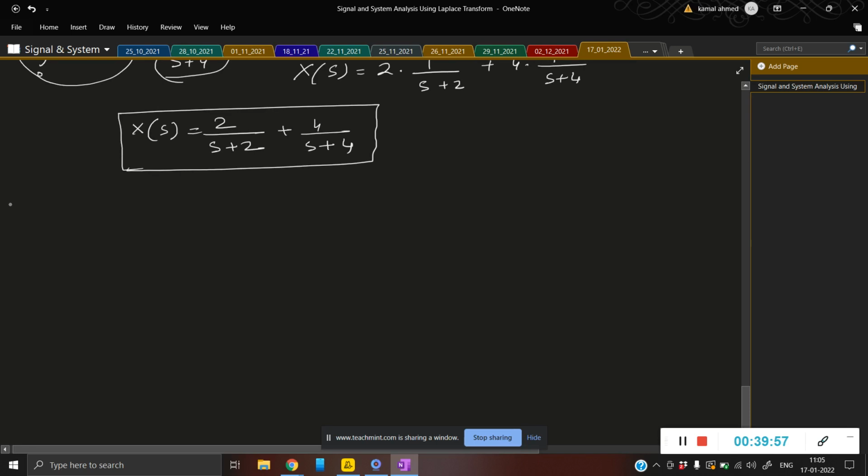property number 2. The next property indicates transform of derivatives.